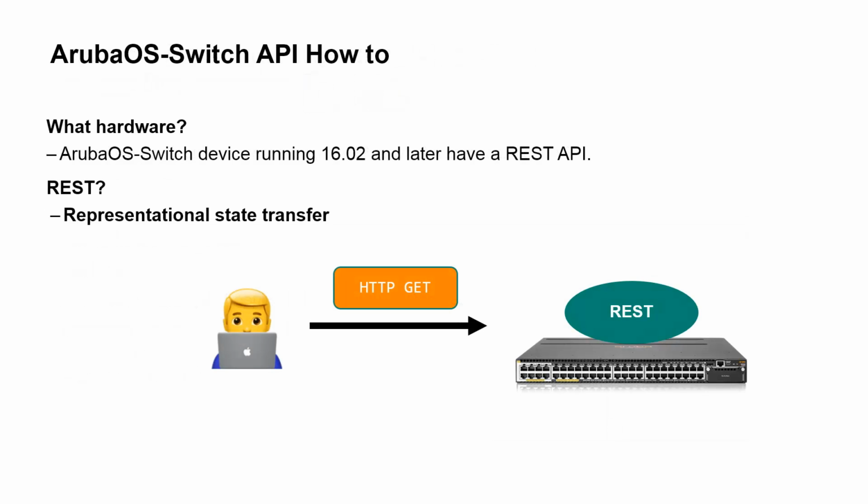Via HTTP, we send a GET, which is our request for information. We can send an HTTP GET to the REST API that sits on our switch, and we can get information back from it in a structured format. That can be in JavaScript object notation, so JSON, or it can be in XML.